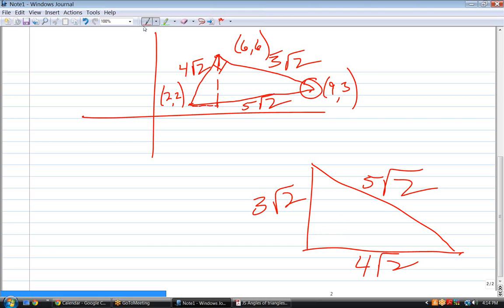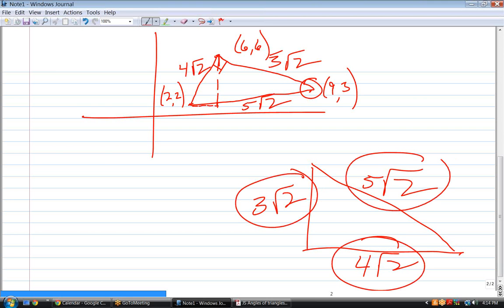So we gotta prove that one side plus another side equals the third side? Almost. We have to prove that one side squared plus another side squared is equal to the third side squared. So let's square that and see if it's equal to that squared.